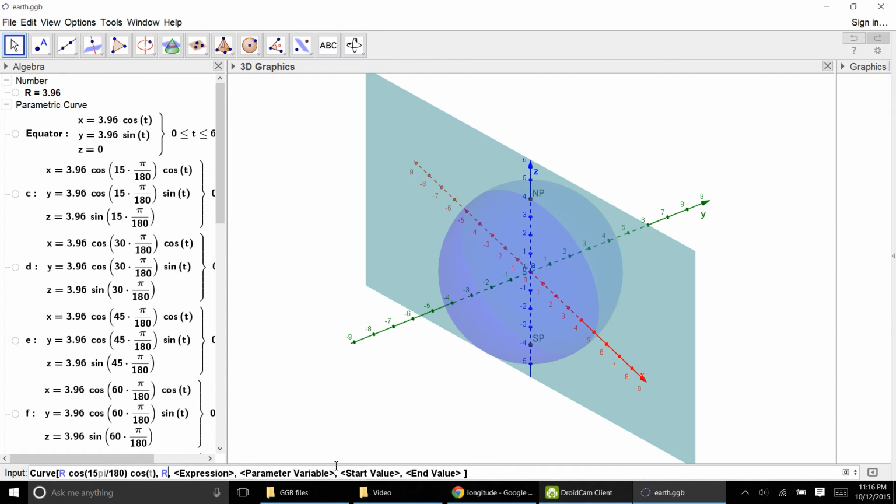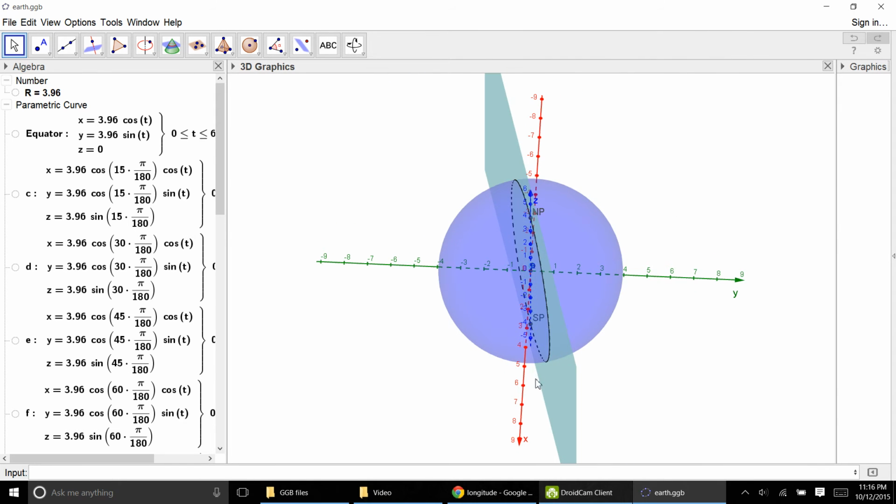This is R sine 15 cosine t. And then the last one is just R sine t, with t going from 0 to 2 pi. Okay, awesome.